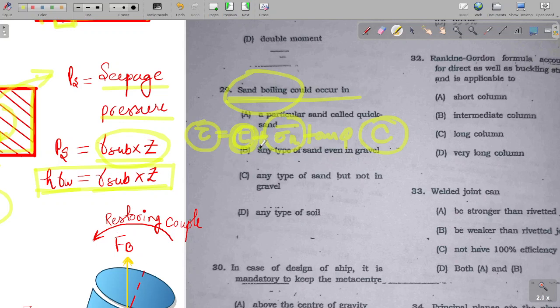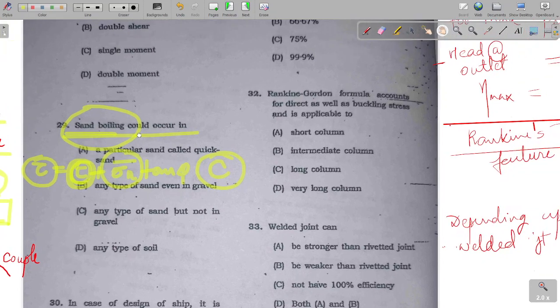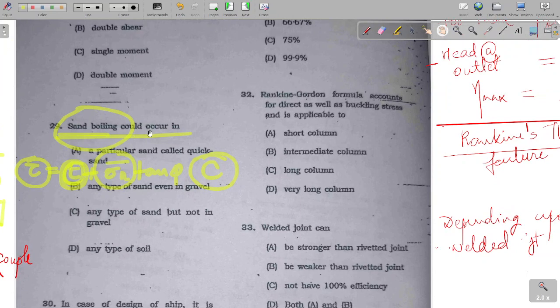Okay, effective stress is reduced to zero in upward flow condition, right? So it is found in fine sand and coarse silt, and it is not found in gravels, because gravels have high permeability, so they will easily allow flow of water through it, and they won't cause any buildup of seepage pressure.